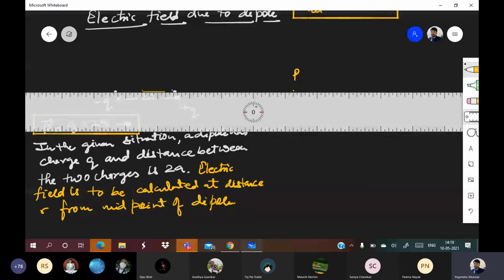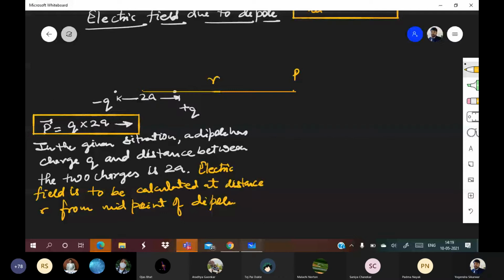So measurement of distance r is from the center of dipole. EP vector is equal to, this distance is r minus a, and this distance will be r plus a, right? Can you all see r minus a and r plus a?